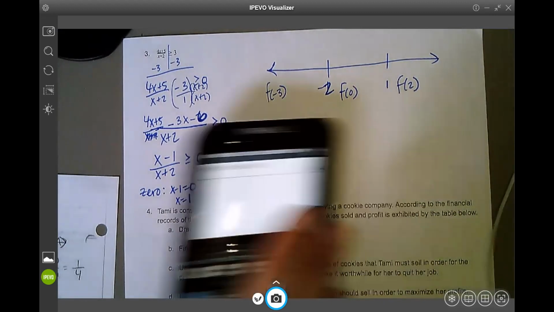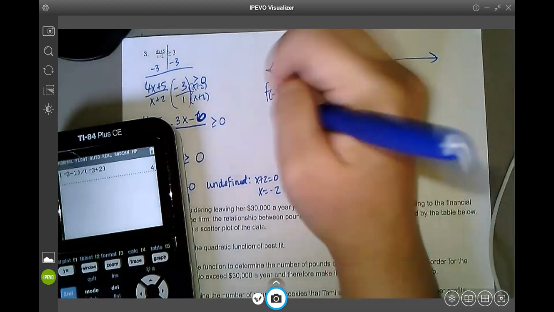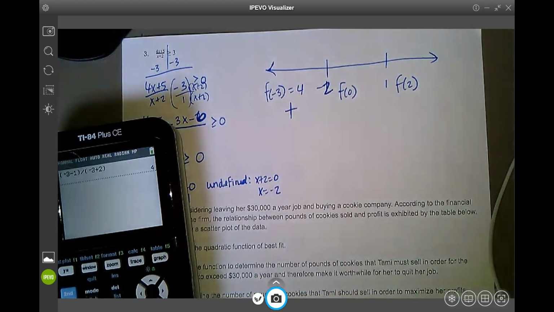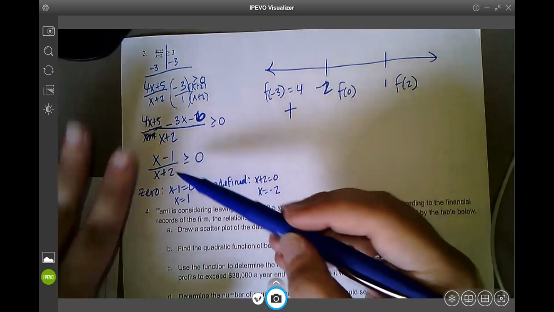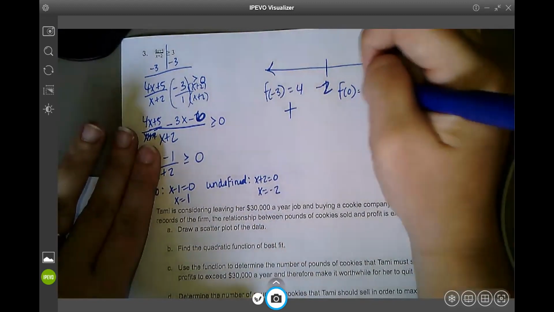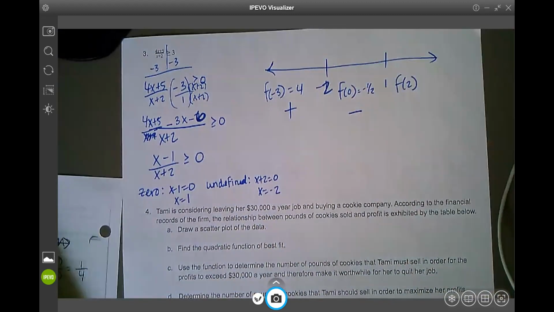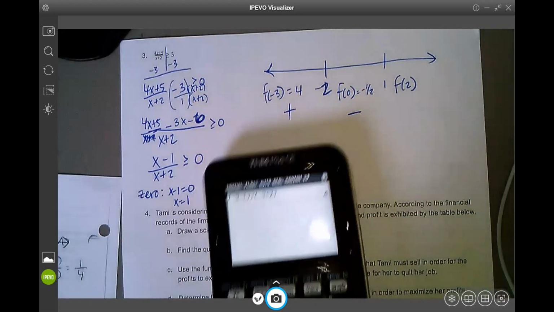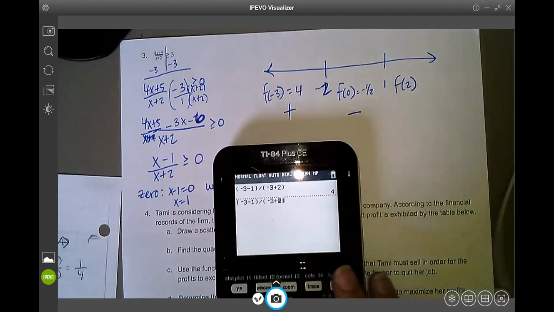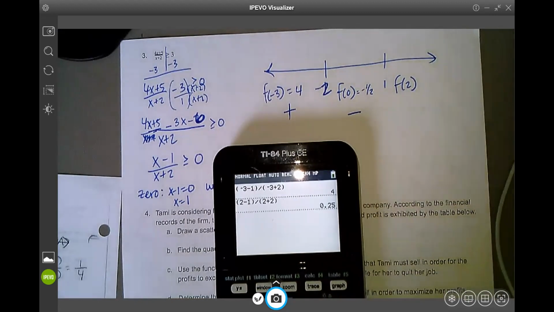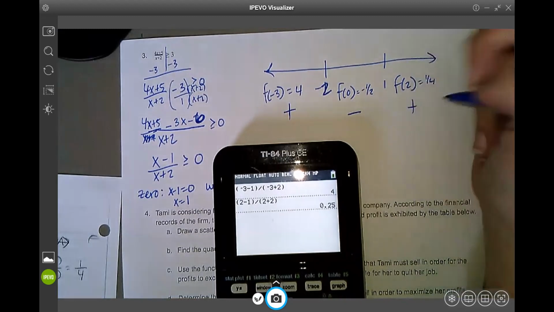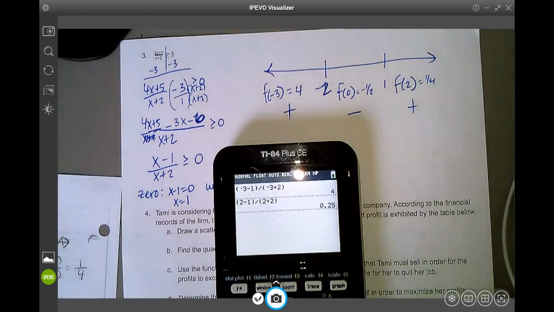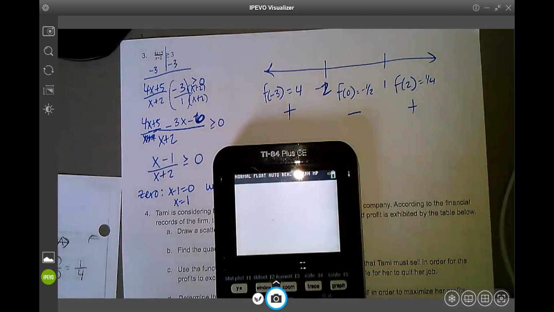And I get a positive 4. So it's positive there. At 0, when I plug in 0 for x, I'll get negative 1/2, which will be negative. And then at 2, I'll get 1/4, which is positive.